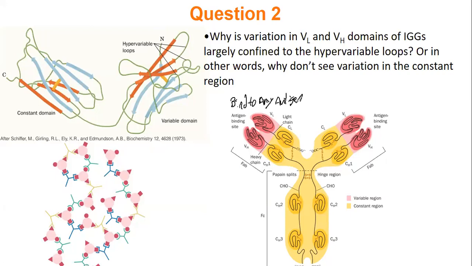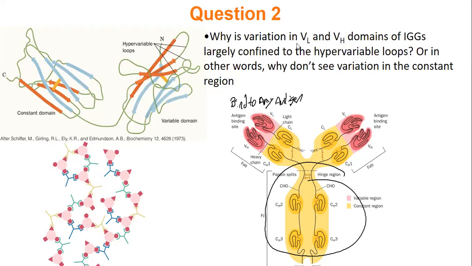But we also have to recognize our own antibodies, right? When our antibodies are stuck onto something, we have to recognize, hey, it's stuck onto something. The way we recognize our own antibodies is through a constant region. So we want our own cells to recognize these constant regions. Wouldn't it be super convenient if the part of the antibody we want to recognize doesn't change? That means we only need one binding site to recognize our own antibodies.